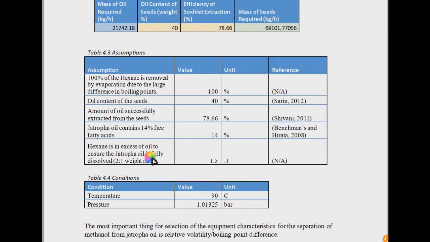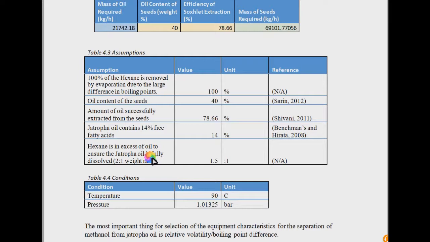So the separation will be achieved based on the boiling point differences in the evaporator. But during the extraction of oil from the seed using a solvent in the solvent extractor, you need certain mass transfer relations in addition, because there is mass transfer between two liquid phases, and there are also solid surfaces involved.